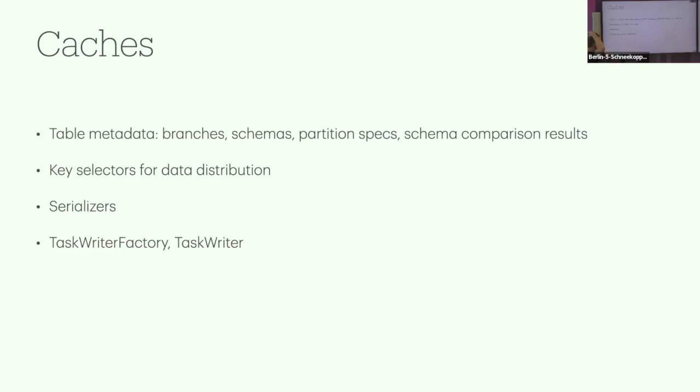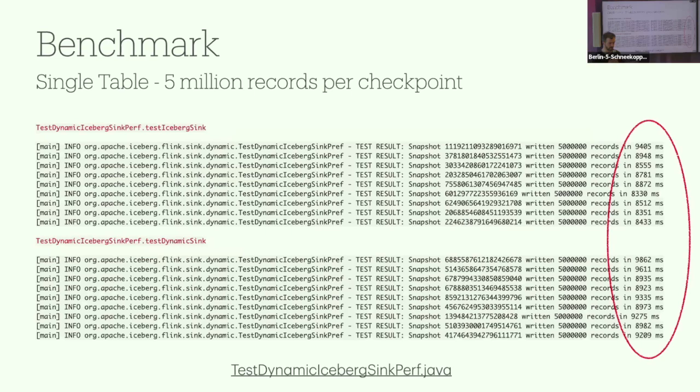To do all of this efficiently, there are caches for table metadata, key selectors for distributing data, serializers, and of course writers, the task writer. And we did a bit of benchmarking I wanted to show. This is part of the open source code, so you can run this benchmark.